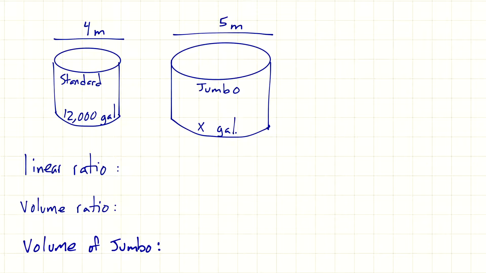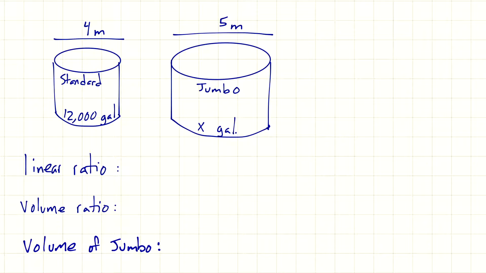And if we increase the diameter to 5 meters, it creates this new cylinder shape, which we call the jumbo shape. And the question is, how many gallons does it hold? So is it beneficial for us to switch to the standard cylinder or the jumbo cylinder?